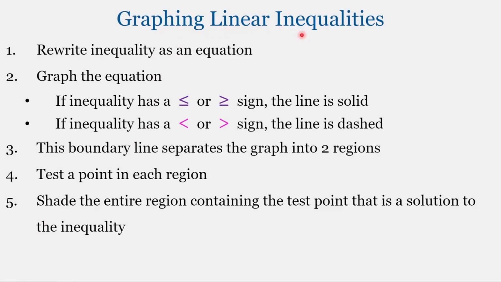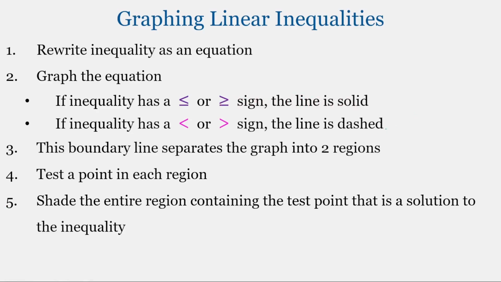So graphing linear inequalities. The first step, we're going to rewrite this inequality as an equation and then graph the equation. If the inequality has a less than or equal to sign or a greater than or equal to sign, the line is solid. If equality is possible, the line will be solid.